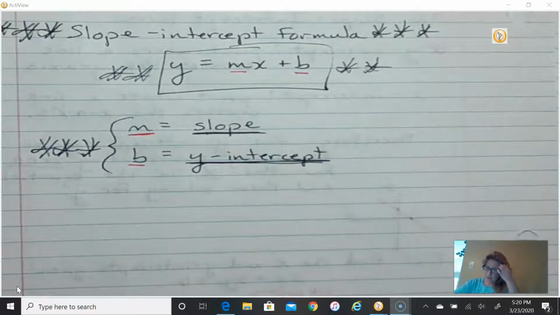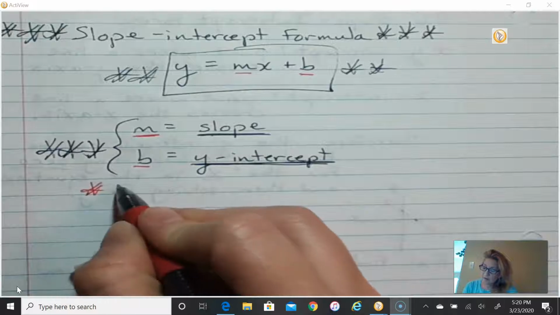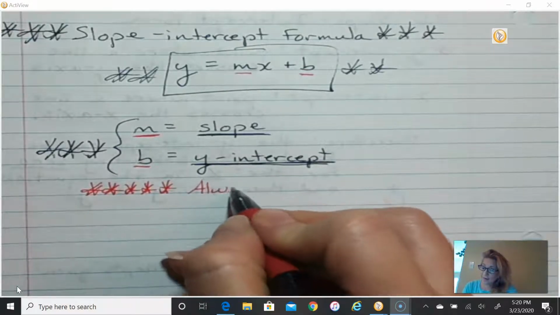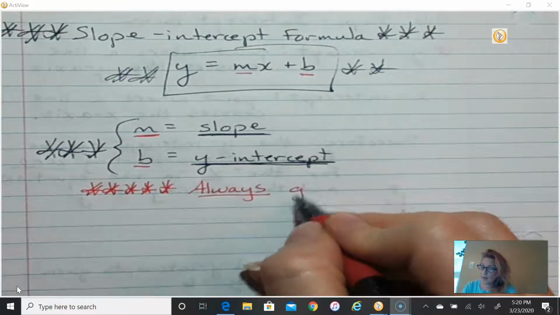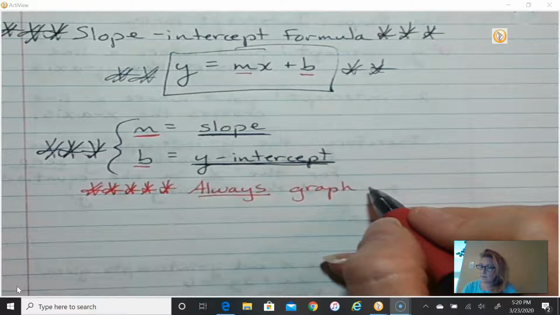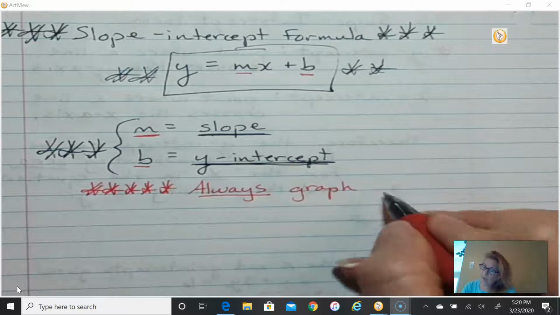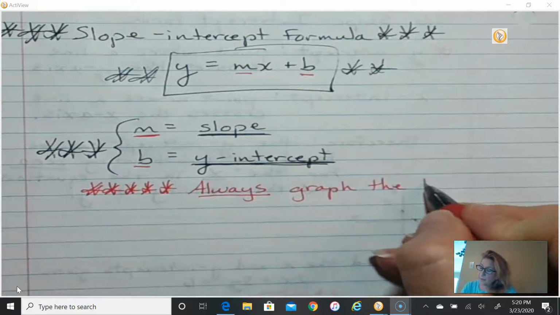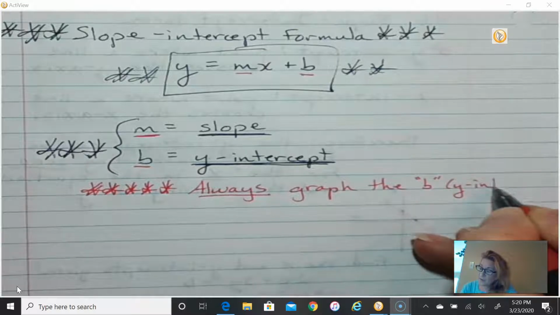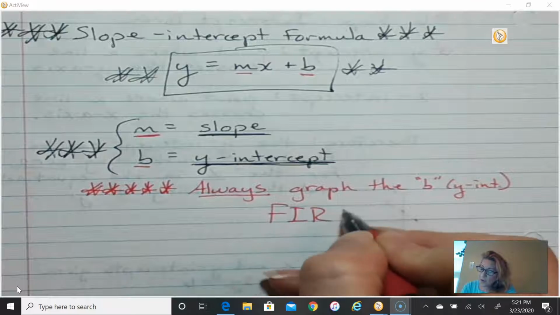Something I need to put on here that I don't know why I didn't ever put on my last ones. Another star. Ooh, I'm putting 5 stars here. Always graph the b, the y-intercept, first.